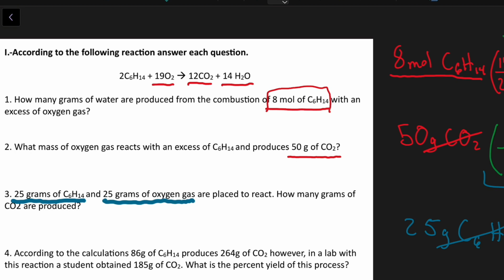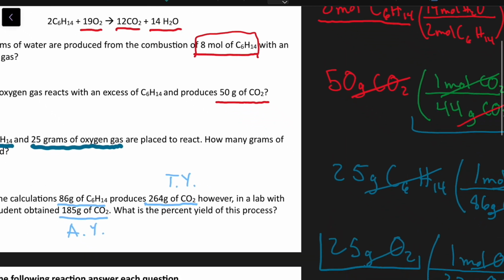So now you'll have to notice that they are talking about one reactant and two amounts of one same product, CO2. One of them is the theoretical yield, and the other one is going to be the actual yield, because it's the amount of grams of CO2 that is actually obtained in the lab during the process.